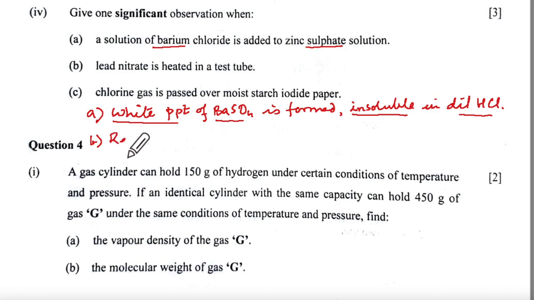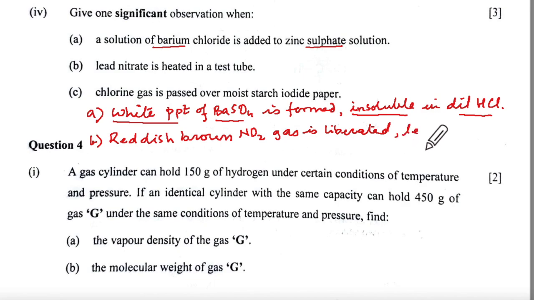So you will first write reddish brown NO2 gas is liberated, leaving buff yellow residue of PbO.